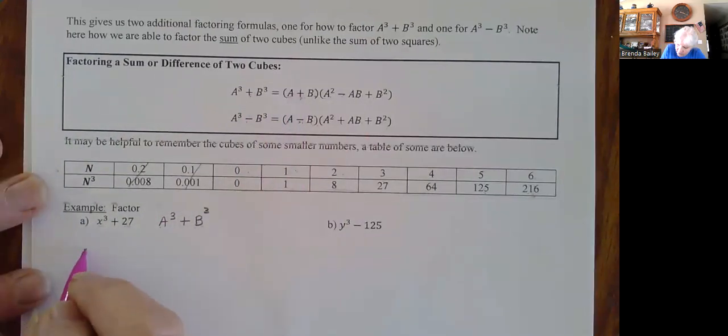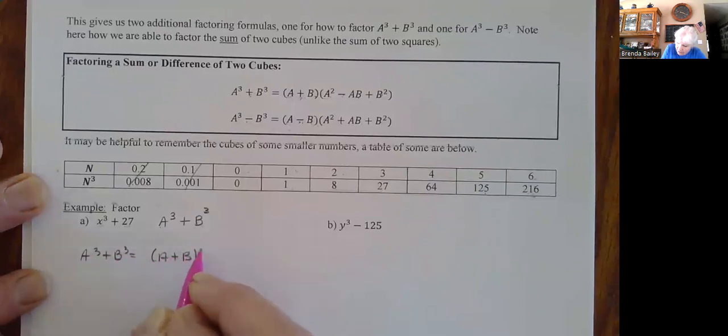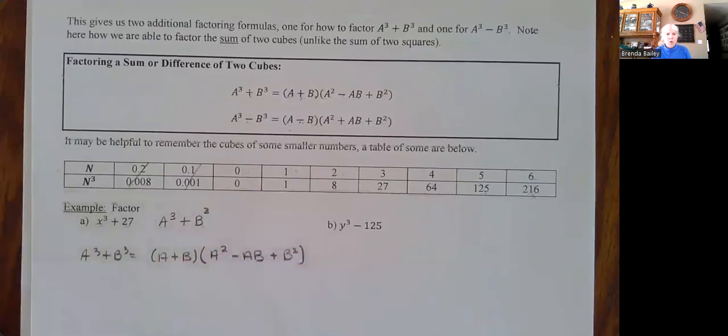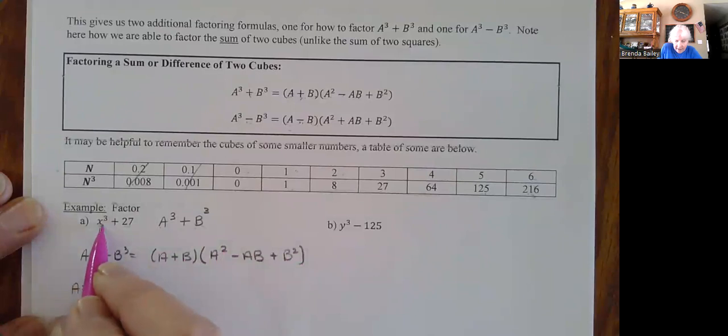So here I've got a cubed. I'm going to write the formula down. A plus b matches. You square the a, then you multiply the a and the b, and then you square the b. And I do have one negative in the whole formula, and that's with the ab. So following this, the a, what are you cubing to get an x?